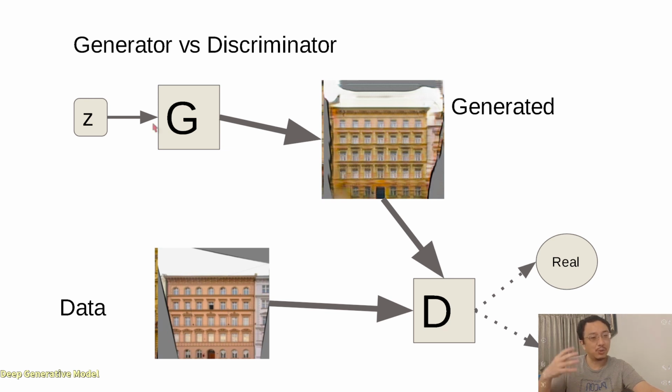But if you wish to change it to something else like a uniform distribution, it is just fine. You can still get some result. Maybe the quality has some difference, but it doesn't matter that much. So you can have any latent distribution, but typically it is just the normal distribution.